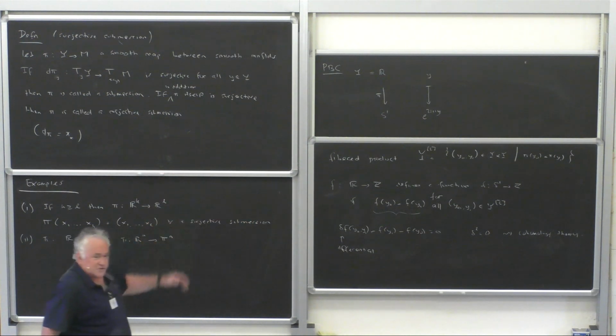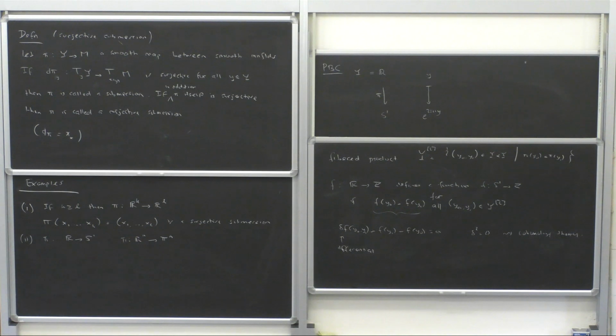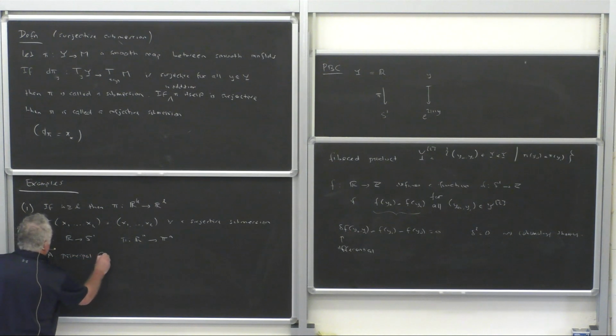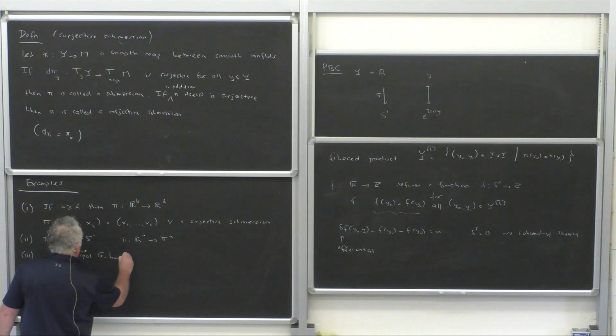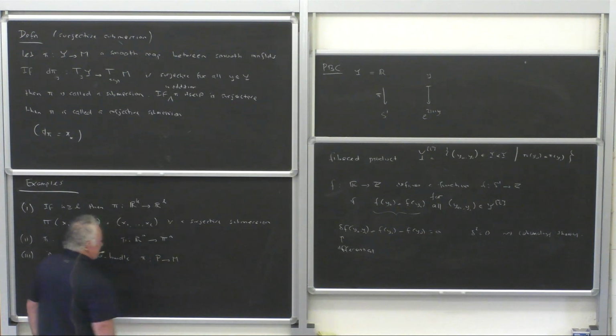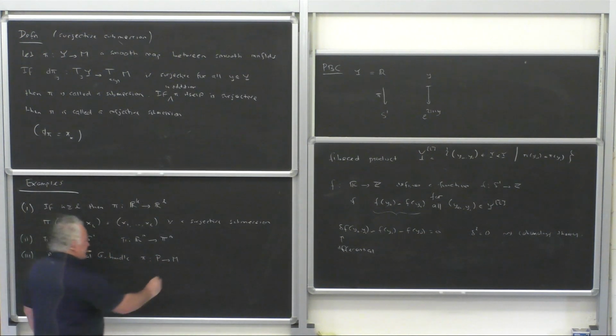That it's a submersion, well, you have to calculate the tangent map, but that's easy to do. Also an exercise. And this is actually a special case of something more general. If, well, a principal G bundle pi over M is a surjective submersion.